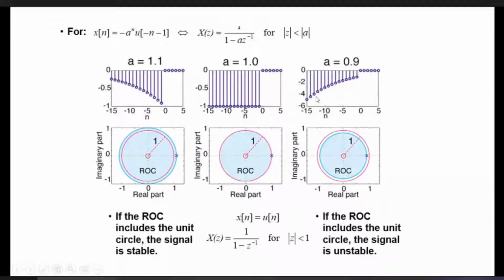The condition for stability is that the impulse response is absolutely summable. If you take the sum of all these magnitudes, it will become infinity, so the signal will become unstable. Whereas in this case, A is 1.1, it is decreasing, so it is summable, so it is stable.